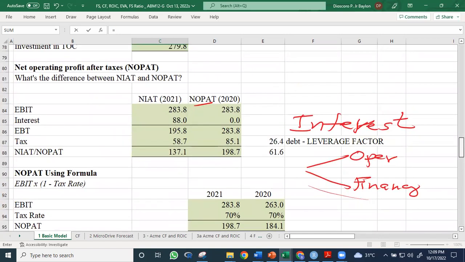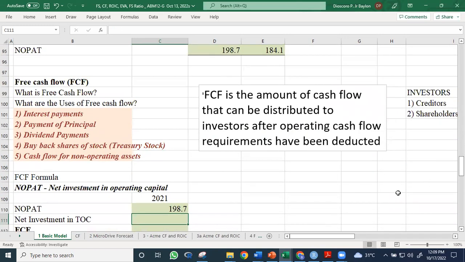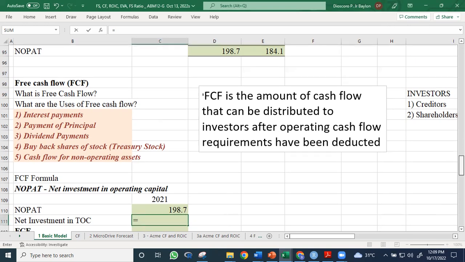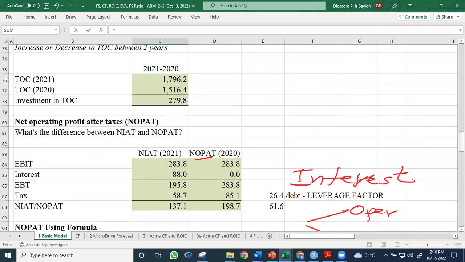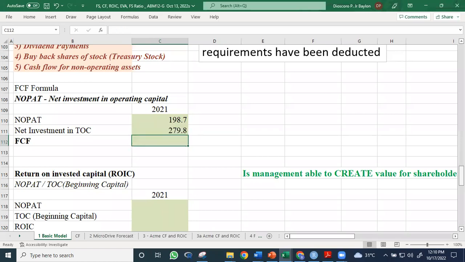NOPAT natin for 2021 is 198.7. And then how much was our investment in TOC? Kasi di ba sabi natin by definition, si free cash flow, dapat natanggal na yung operating cash flow requirements. So for 2021, ang kailangan natin na investment for total operating capital is 279.8. So tatanggalin dapat natin yan, no?